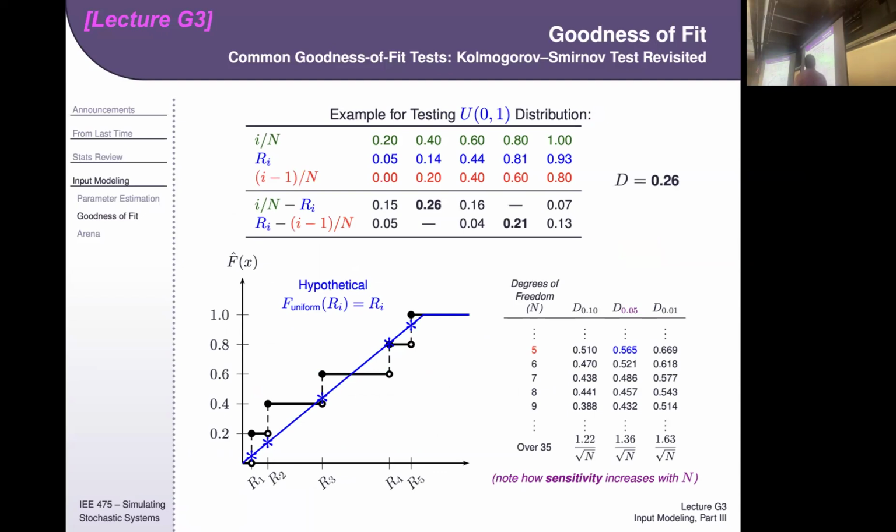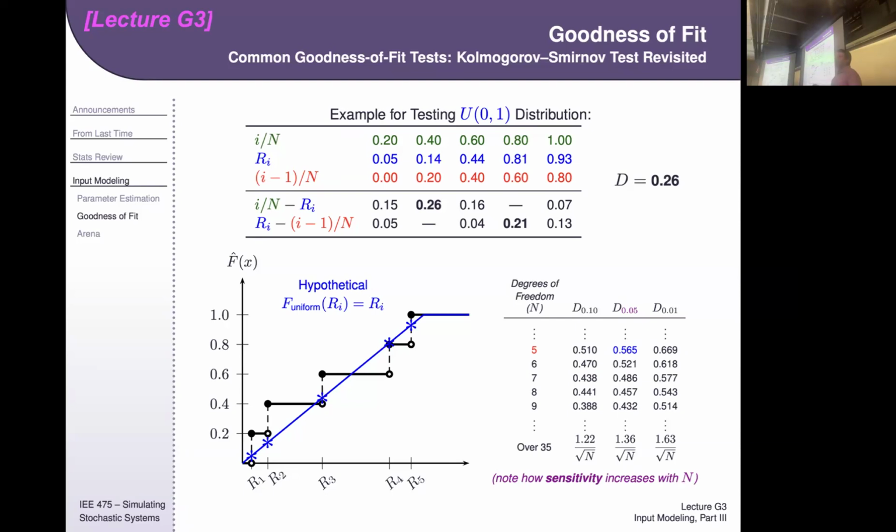So before the midterm, you basically sorted all your data, put them into the middle row here. You calculated that if this was uniformly distributed, then this data point should fall between 0 and 0.2. Likewise, this one between 0.2 and 0.4, and so on. And then you calculate the differences, take the largest difference, and that's your KS statistic.